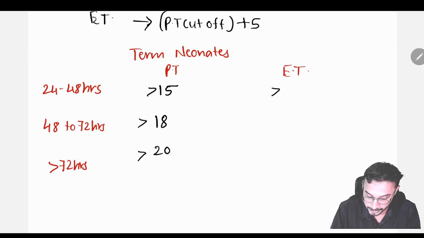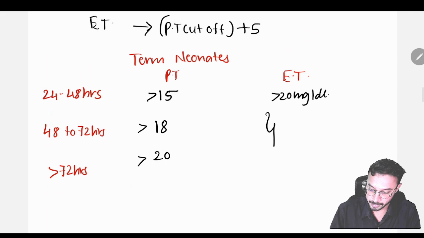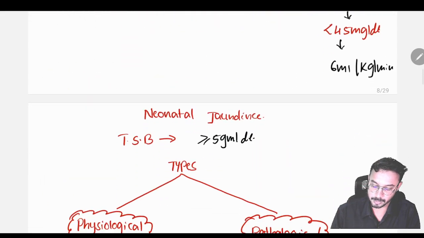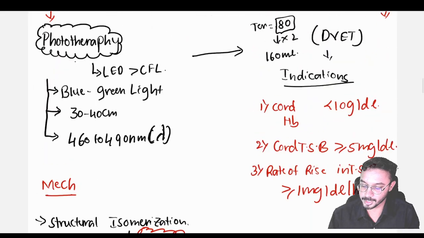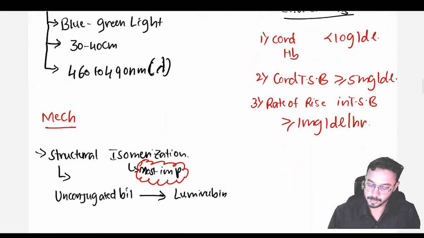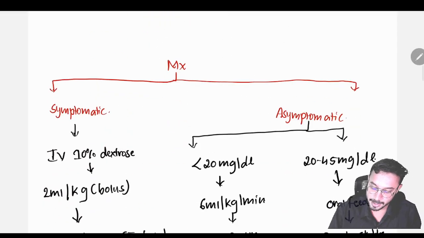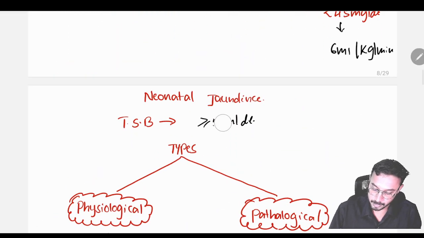It is greater than 20 mg per dl, and then 25 mg per dl. Sorry, this is in mg per dl. These are all about the phototherapy units.